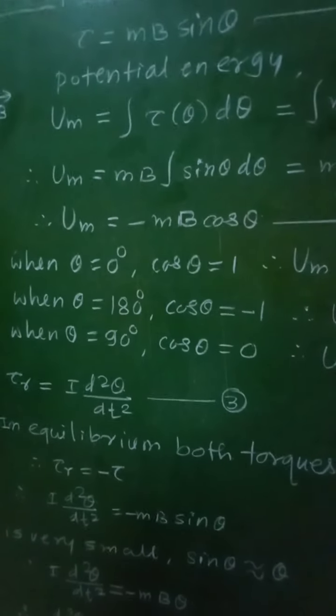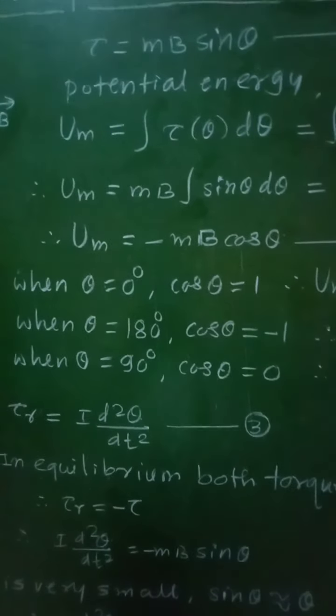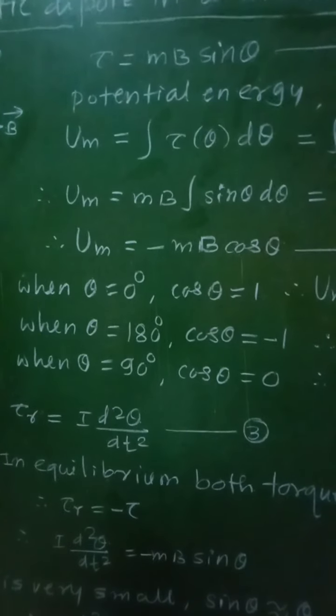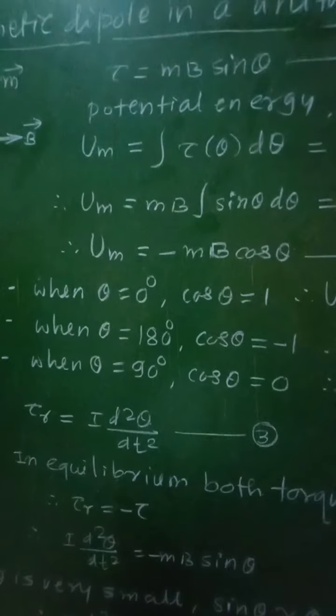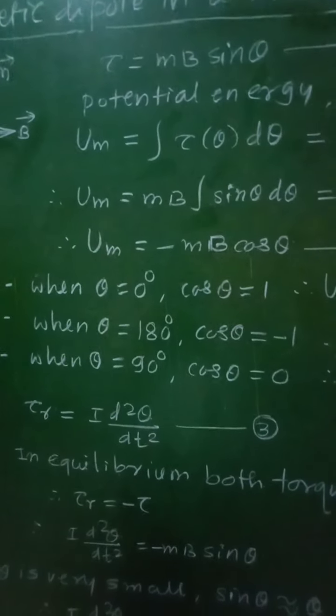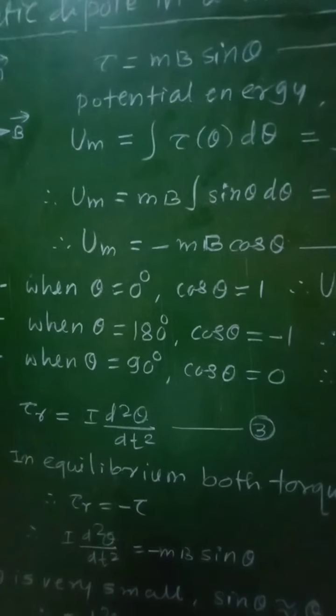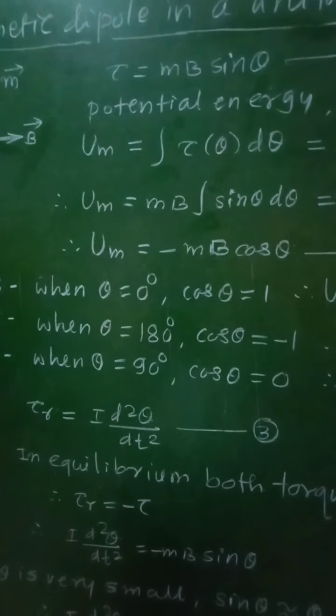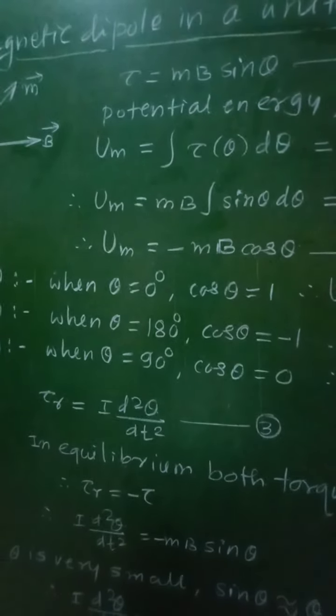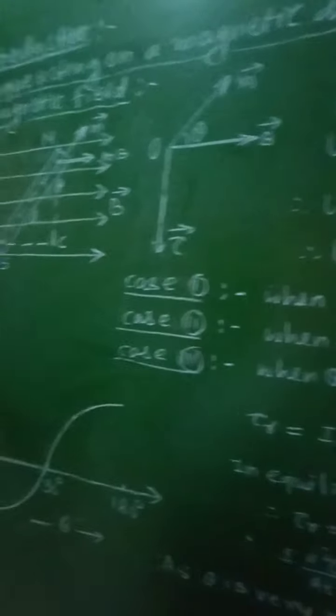So the third case will be applicable only when that magnet is perpendicular to the direction of the magnetic field, and therefore if you consider the variation of the potential energy as a function of angle theta, then the nature of the graph will be as shown in the figure.